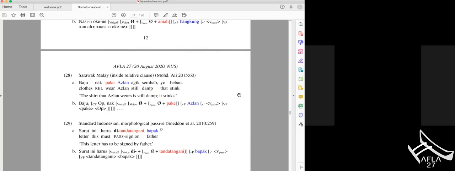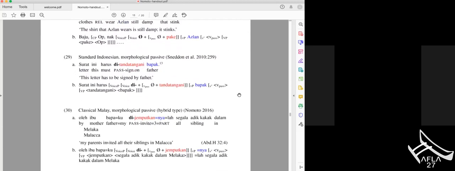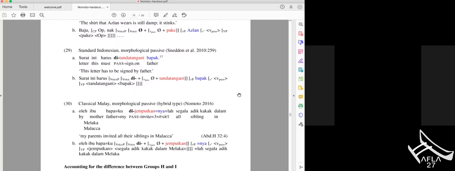This is an example of the morphological passive, but I argue that the same verb movement occurs here. This is why I posit little voice here to get the right word order. And classical Malay also shows that this verb movement is taking place.